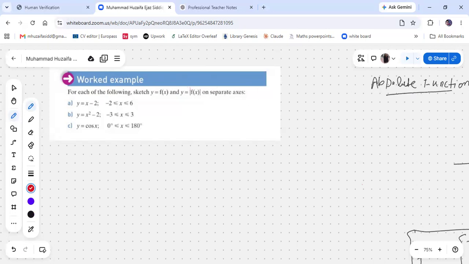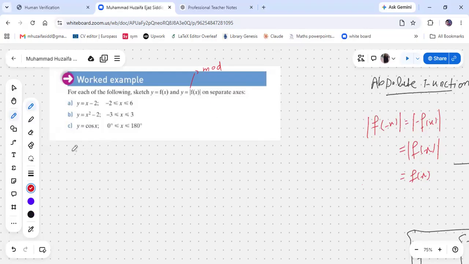You can read mod as absolute. Mod of f of minus x, that is minus f of x, is always equal to the positive of f of x. It means the absolute value converts a negative function into a positive function. Understand? Yes, sir.